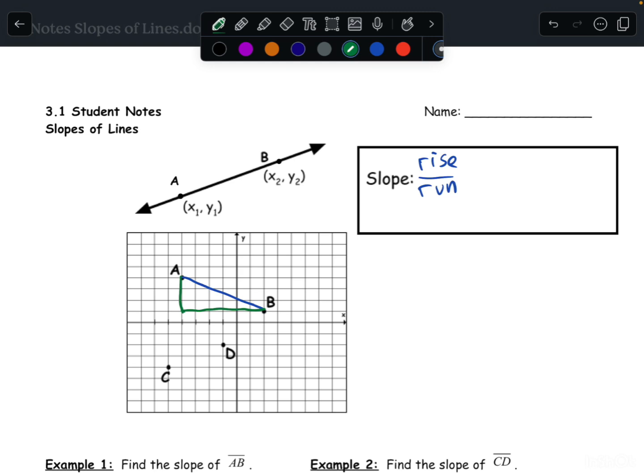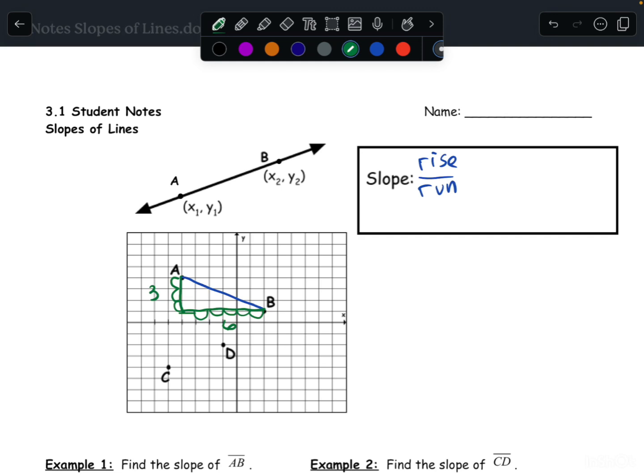My rise is the vertical part, and I will count that: 1, 2, 3. Then I'm going to look at my run, the horizontal part: 1, 2, 3, 4, 5, 6.